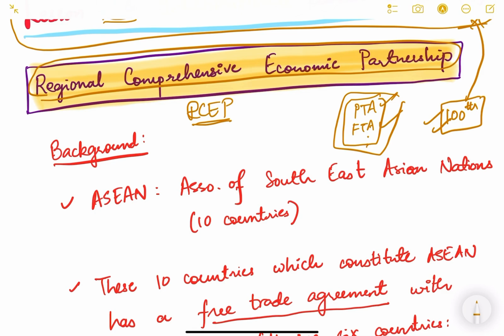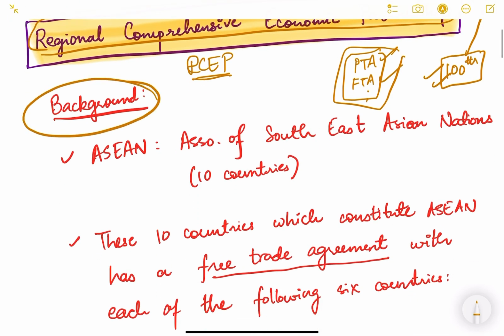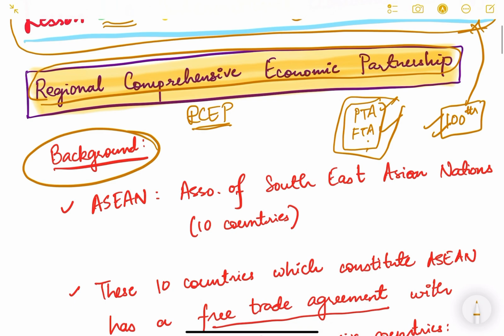Okay, so let us first start with the background of RCEP. When we want to understand any concept, we try to look at the terminologies, the phrases, the words that are used there. So see, Regional Comprehensive Economic Partnership. Regional means what? It is an agreement between countries in a particular region, meaning it can be the Asian region, American region, or Southeast Asian region. It is a multilateral agreement because it is between many countries in a given region.